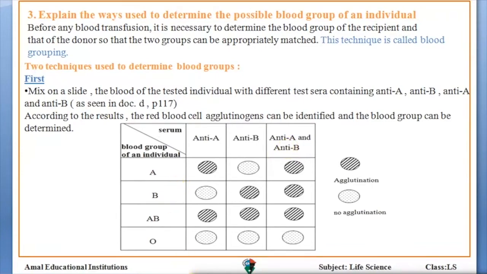The blood of the tested individual is going to be mixed with each serum, and the result is going to be observed: agglutination or no agglutination.